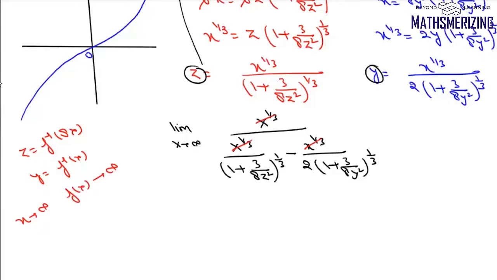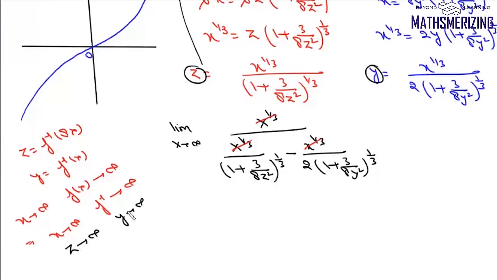And if we talk about inverse function, its inverse function is nothing but it is reflection of f(x) about y equals x line. Now for inverse function also, when x approaches infinite, f inverse will also approach infinite. So it simply means that when x tends to infinite, z tends to infinite and y tends to infinite.